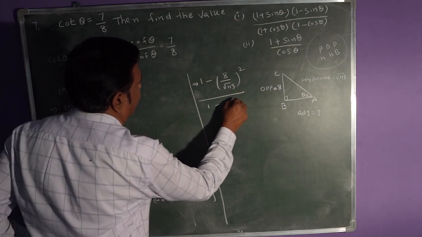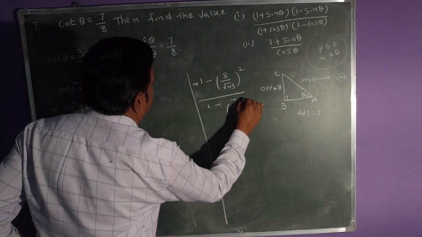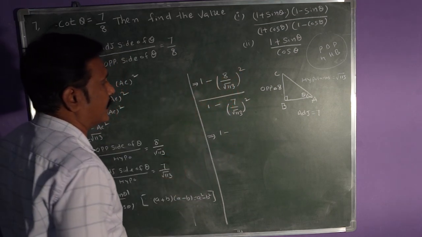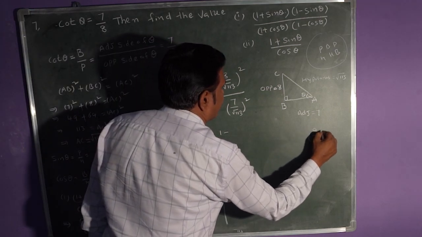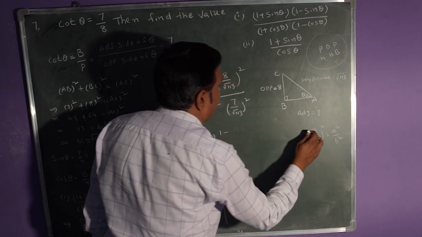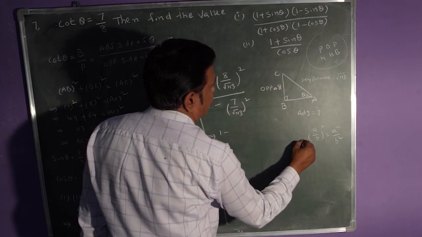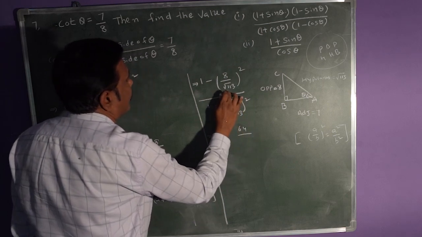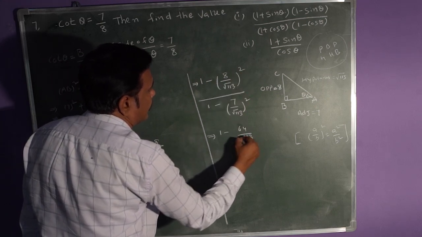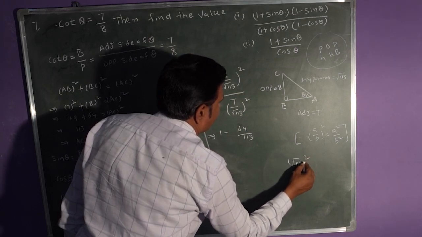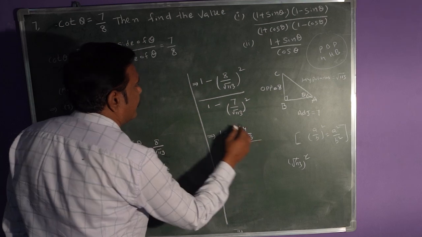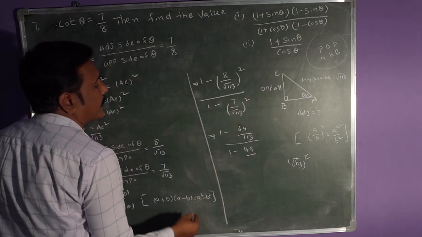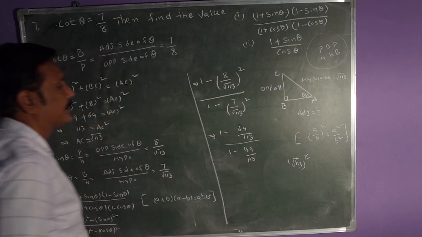What is cos theta? 7 by root 113 whole square. (a by b) whole square is equal to a square by b square. 8 square means 64 by root 113 square, the square root cancels, 113, divided by 1 minus 7 square, 49 by root 113 whole square, the square root cancels, 113. Okay, is it clear?